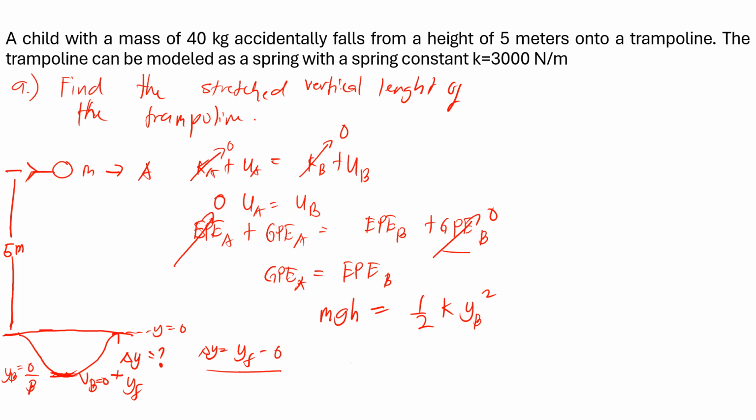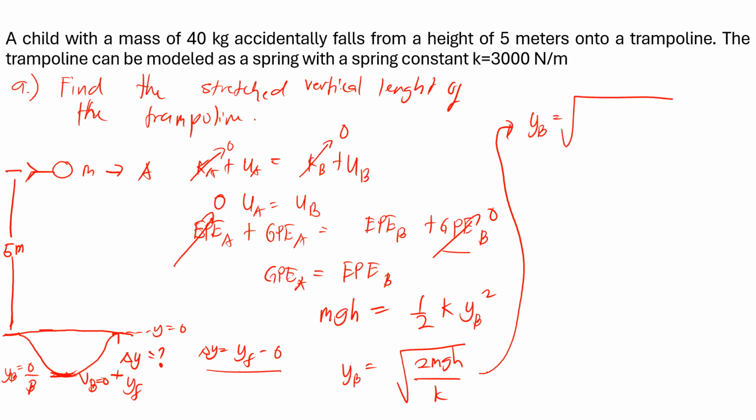So your YB will be equal to the square root of 2 mgh over K. Trying this, YB is equal to the square root of 2 times the mass, 40 kilogram, times the gravity, 9.8 meter per second squared, multiplied by the height, 5 meters, over the spring constant, 3000 Newton per meter.